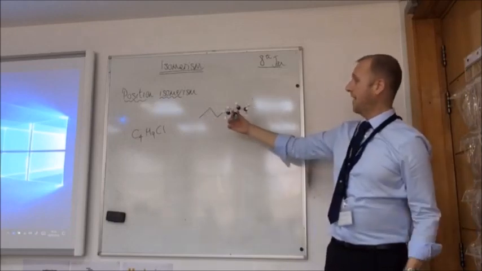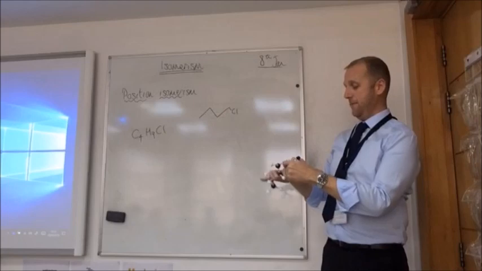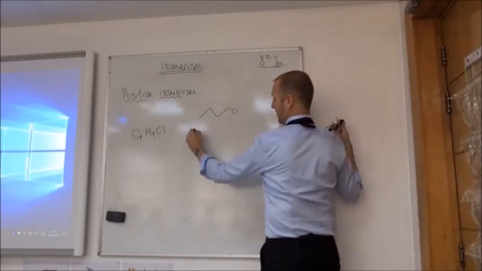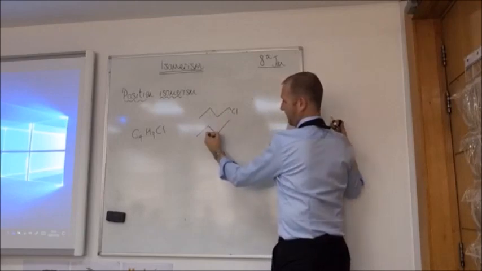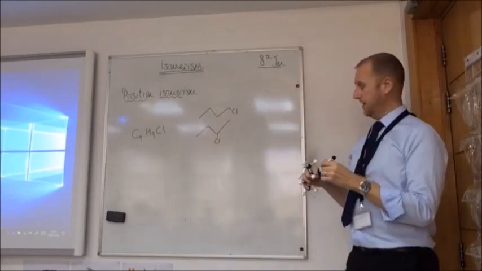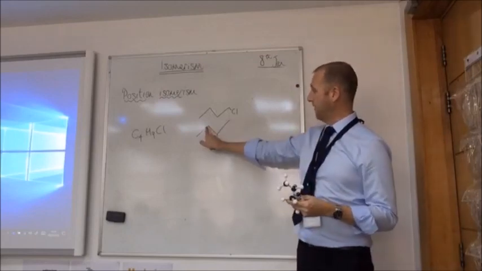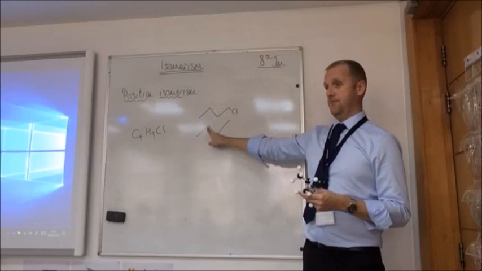Now that is subtly different. What I've drawn there, or what I've made there, sorry, if I put in my 4 carbons again, 1, 2, 3, 4, is the chlorine there instead. What would happen if I moved the chlorine to here? Would that be a different isomer?